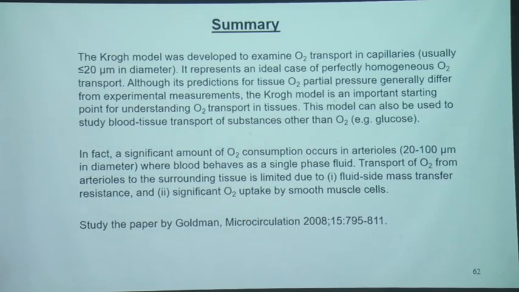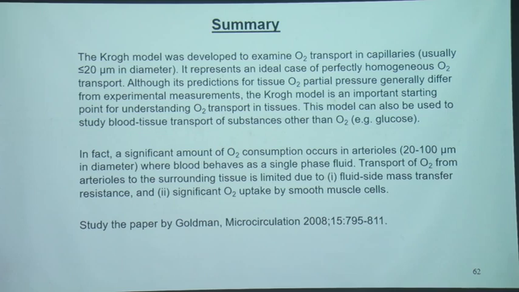So this is a summary. The cross-cylinder model was developed to examine oxygen transport in small vessels, in capillaries, right? So you don't apply this to large vessels. If you're interested in oxygen transport in large vessels, then it's a different matter. You would have to consider convective transport, and in that case, you probably have to solve three-dimensional equations along with the flow.